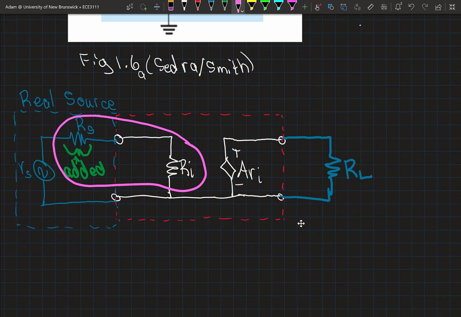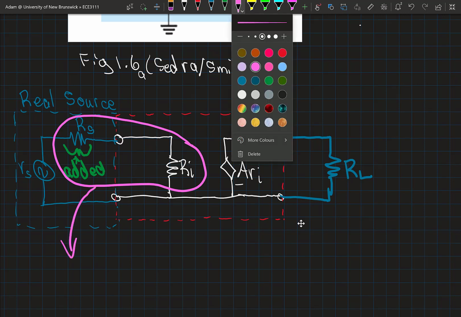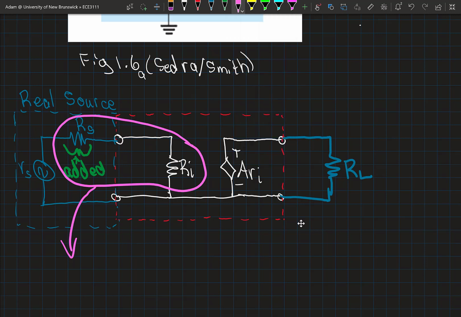Okay, so when we take into account this source resistance that is now not 0, and this input resistance that is no longer infinite, now you should recognize that the voltage that actually gets applied at the input here, vi at this input, is divided down due to the voltage divider that results from Rs and Ri.